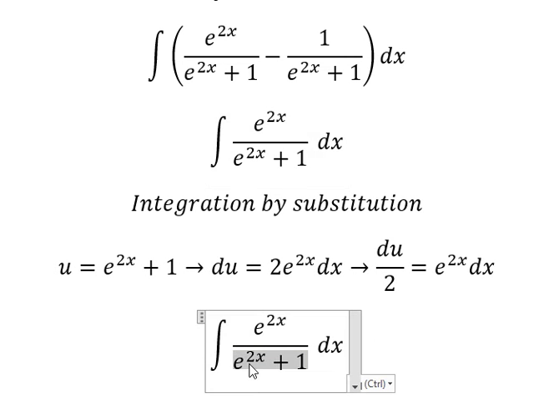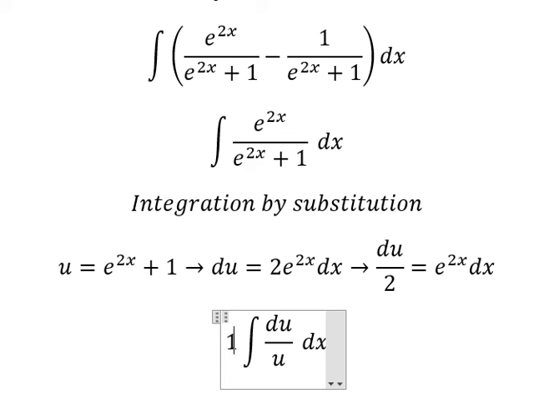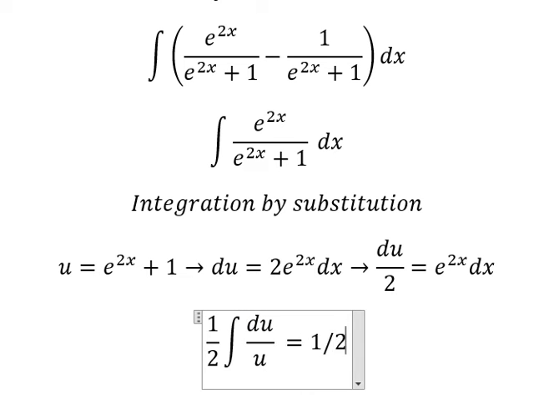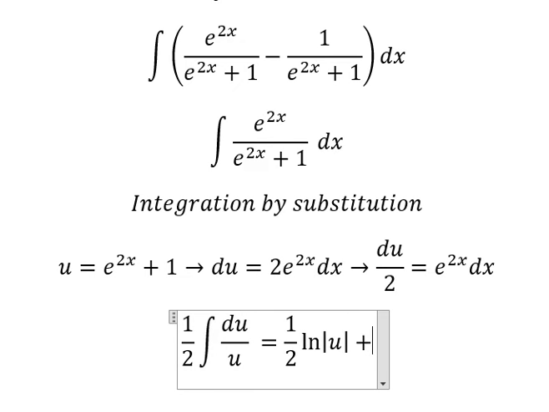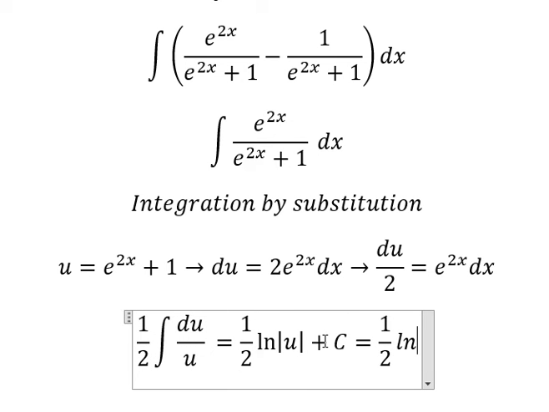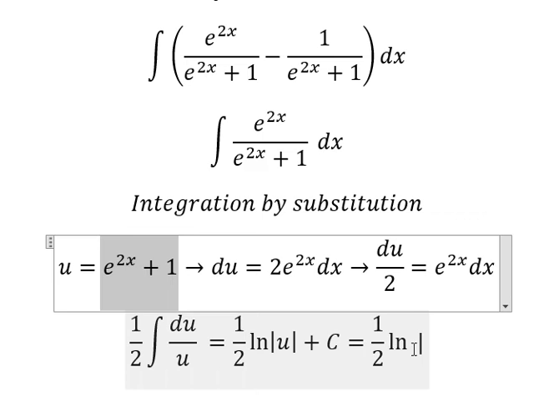This one we change by u, e to the power of 2x dx, we change by this one. So the integration of this one, we have ln of the absolute value of u, and I will put c. About u, that is about this one.